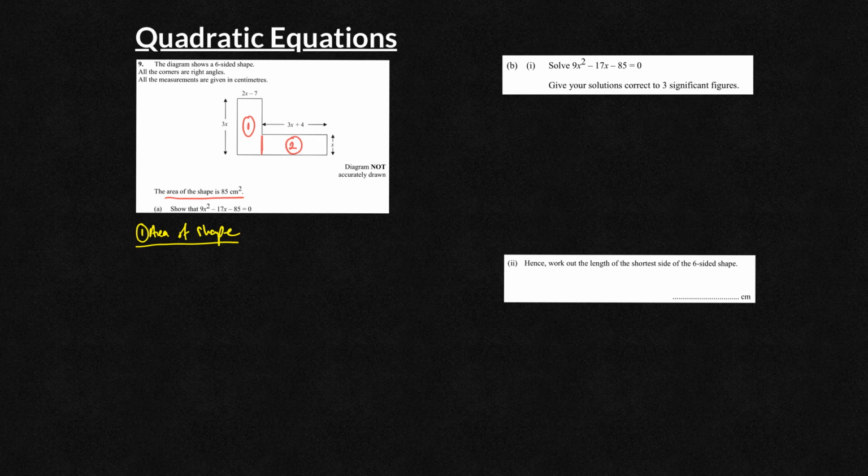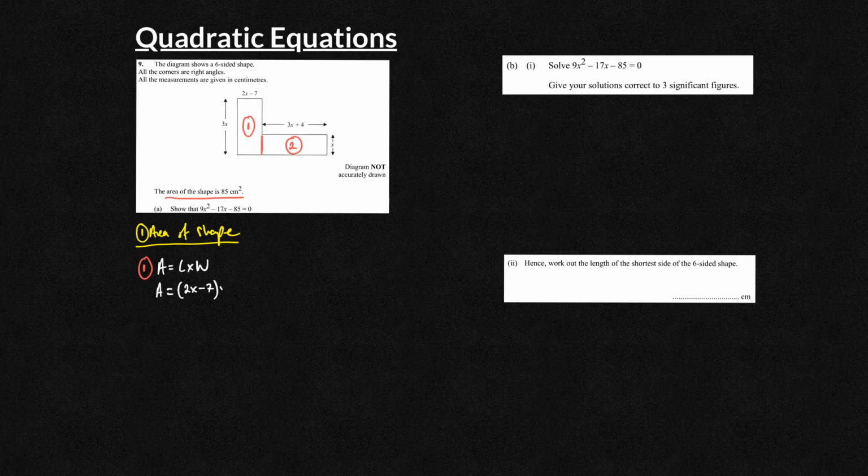Now these are rectangles. So for the area of shape 1, let's go with length times width. So A equals L times W. Doesn't matter which one you call it, as long as you don't duplicate. So I'm going to go with the length as 2x minus 7 and the width as 3x.